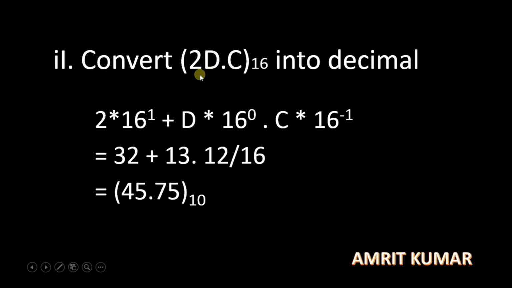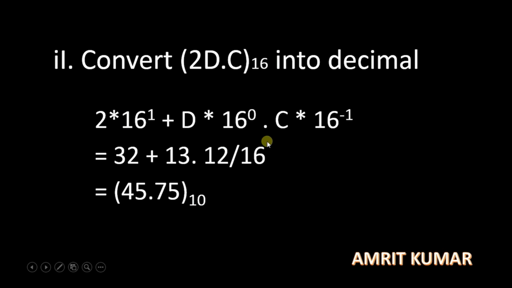Therefore, 2 multiplied with 16 to the power 1 is 16 multiplied with 2, that is going to be 32. After that I have multiplied d with 16 to the power 0, which is 1 here. So d multiplied with 1 is d, and the value of d in hexadecimal is 13.